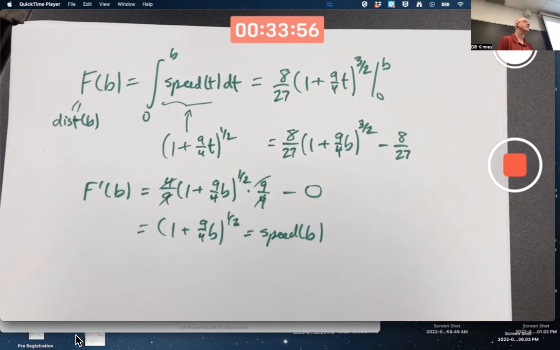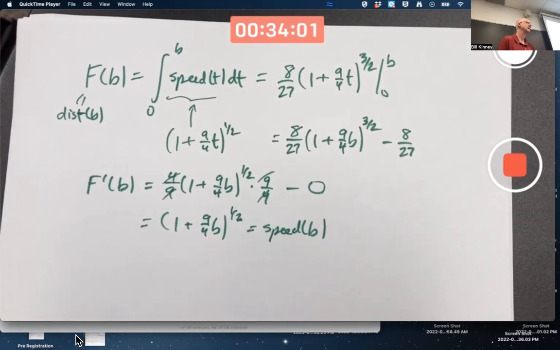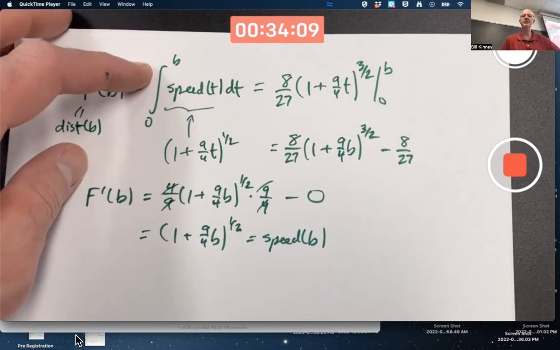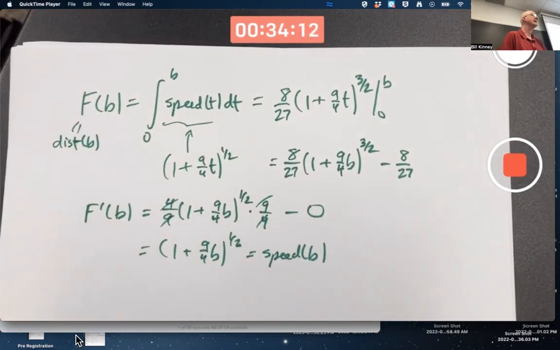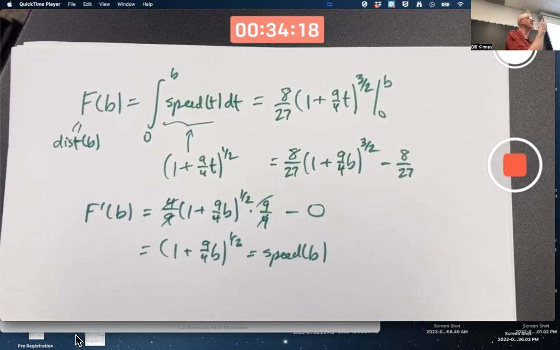And get a distance traveled function of t that would be this formula, except use a t instead of a b. This is illustrating that when you make the upper limit of your integral a variable, you can define a new function that's an antiderivative of the original. That's sort of a twist on the fundamental theorem of calculus.